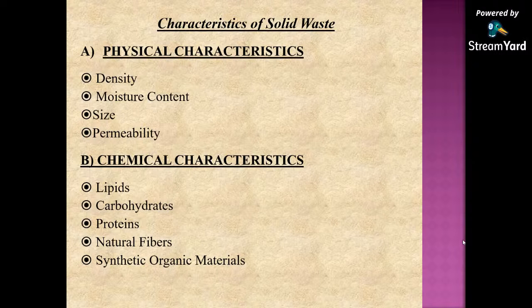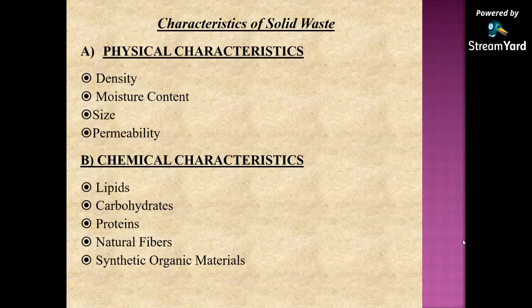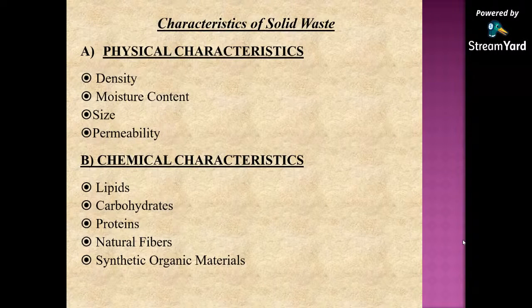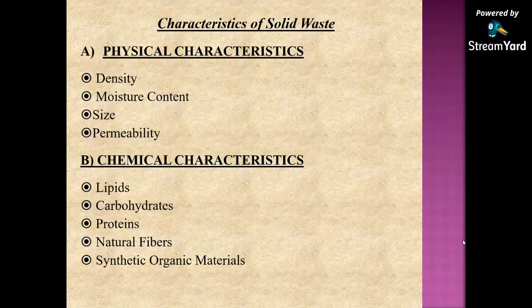Paper is almost 100% cellulose, cotton is over 95%, and wood products are about 40 to 50% cellulose. These are highly combustible products, more suitable for incineration. The calorific value of oven-dried paper products is in the range of 12,000 to 18,000 kilojoules per kilogram.